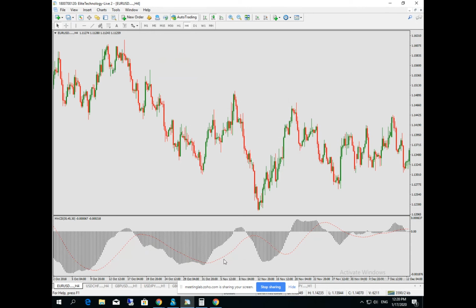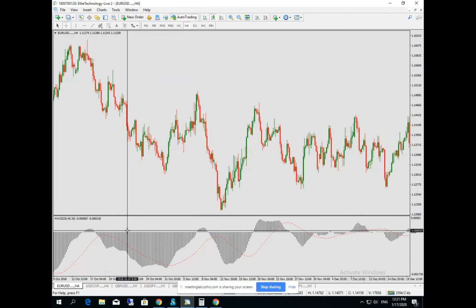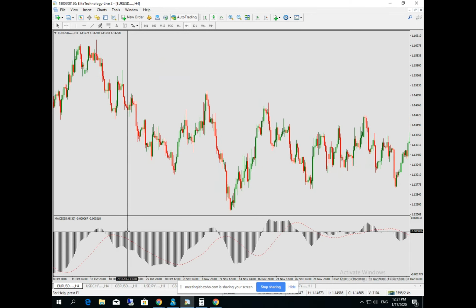One more thing which makes this system very efficient is to always roll your stop loss to the next level, and I'll explain what I mean and show you. Okay, let's start from this one.